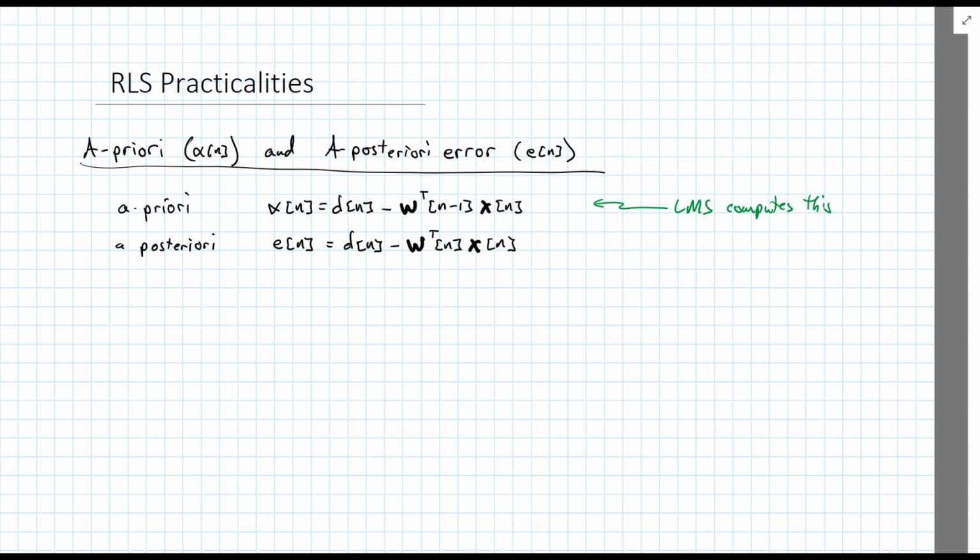So these two errors obviously are related, and the question is which one is going to be lower? We will assume for now that lambda is equal to 1.